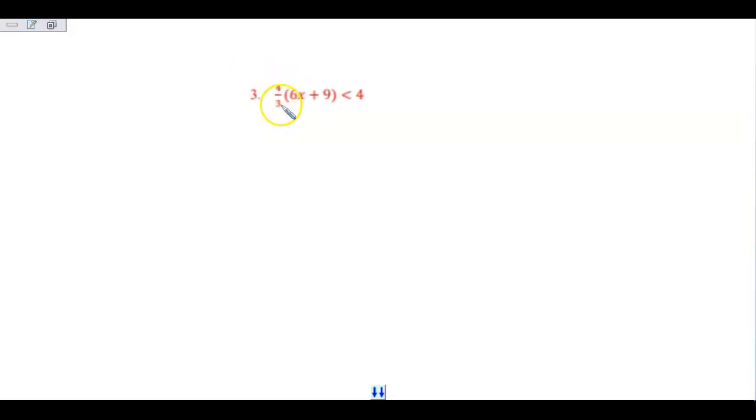So the reciprocal of 4/3 is 3 over 4. And I would be multiplying both sides of the inequality statement at the same time. So the 3's cancel out and the 4's cancel out, and all I have left is everything that's inside the parentheses. So I'm going to drop the parentheses, and I'm going to rewrite 6x plus 9.